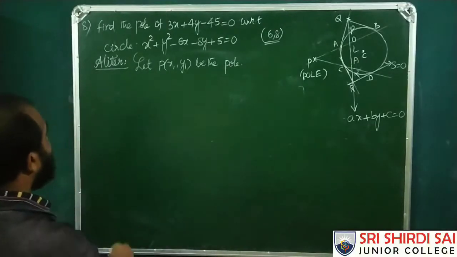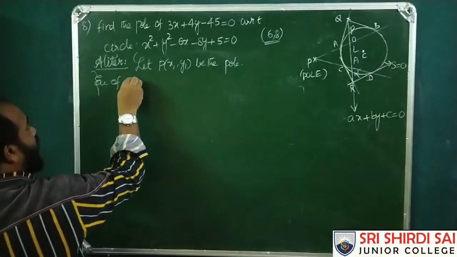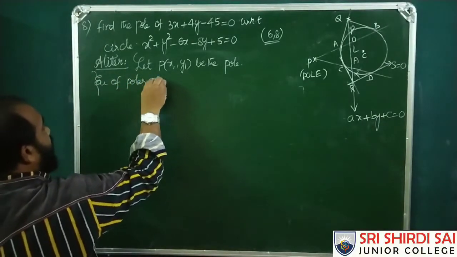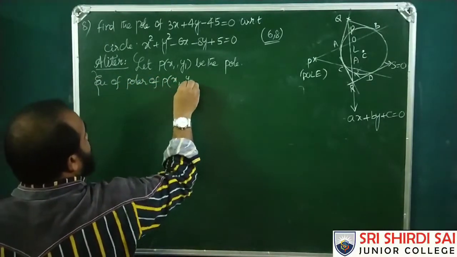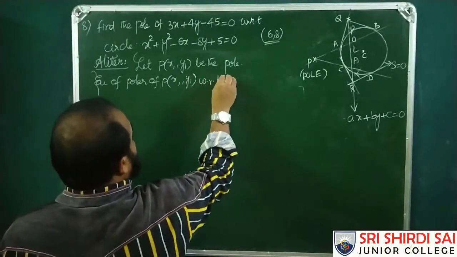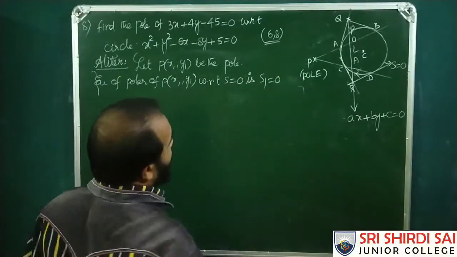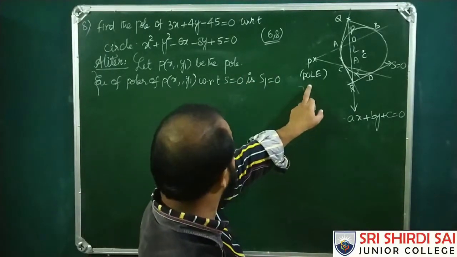The equation of the polar of P(x1, y1) with respect to S = 0 is S1 = 0.